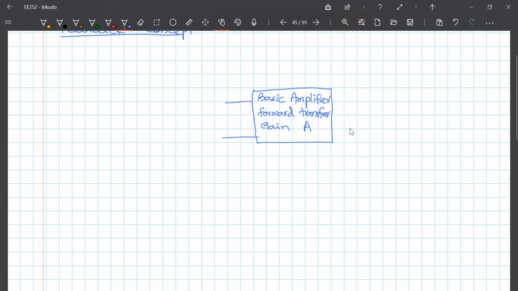Okay, so input can be a current or voltage. The output of this, again, depending on the application, it can be a current or a voltage. Okay, we don't know. Now this is your basic amplifier that we already know.